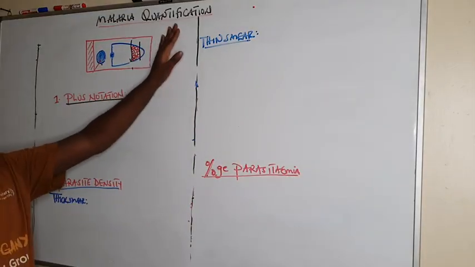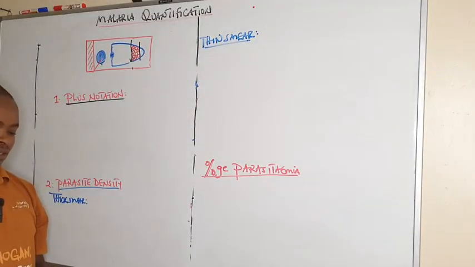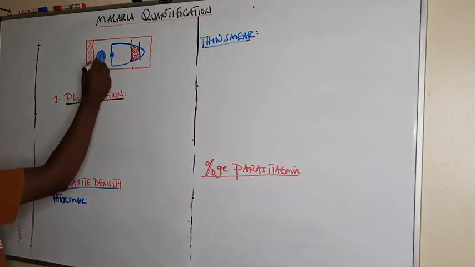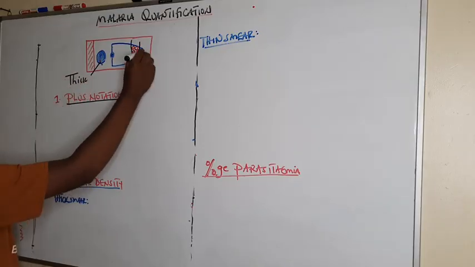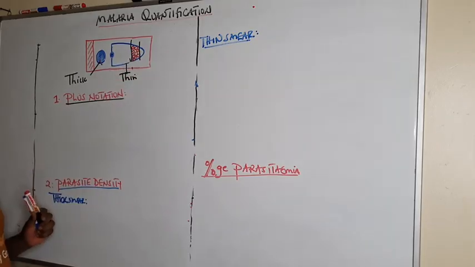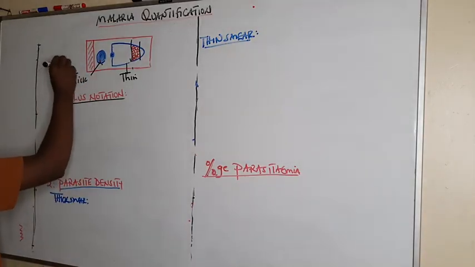So we are looking at quantification, where we are talking about both thick and thin film. This slide of mine has both films, whereby this one is what we call the thick film, and this one is the thin. The thick film is used to detect the presence of malaria parasites.